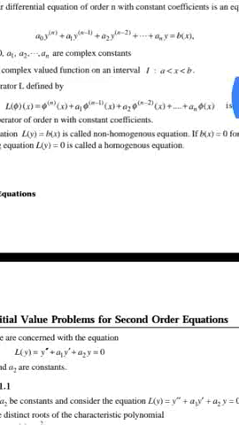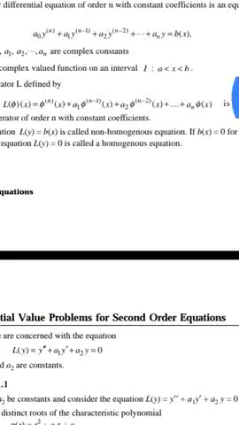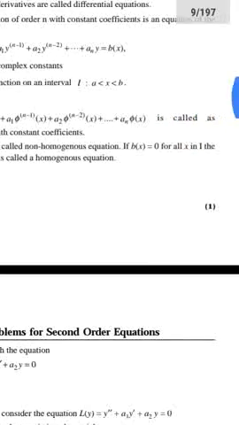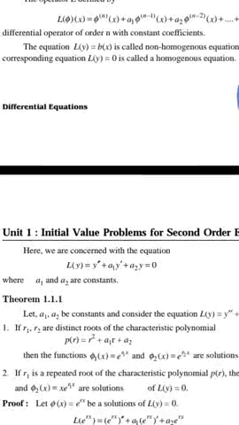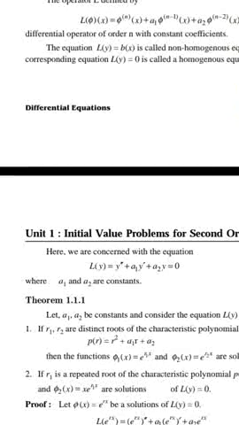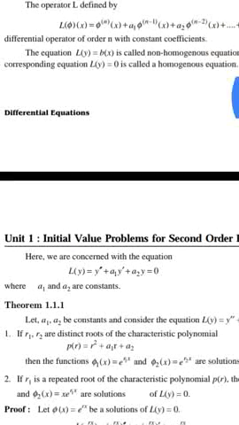The equation L of y is equal to b of x is called a non-homogeneous equation. If b of x is equal to 0 for all x in I, the corresponding equation L of y is equal to 0 is called a homogeneous equation.